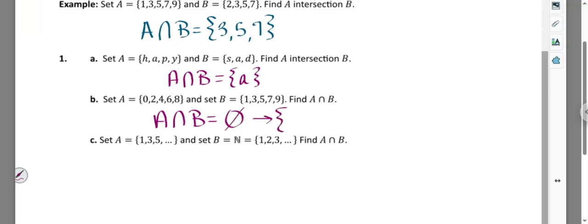Again, you can do it. There's several symbols for empty set. In other words, the intersection of A and B does not exist. So we have an empty set here.